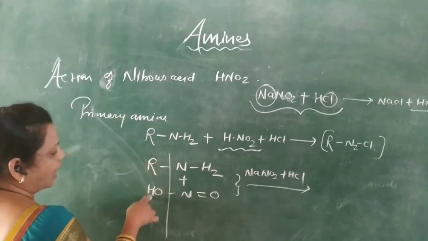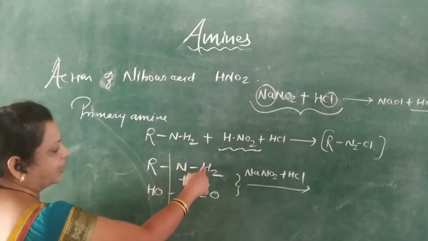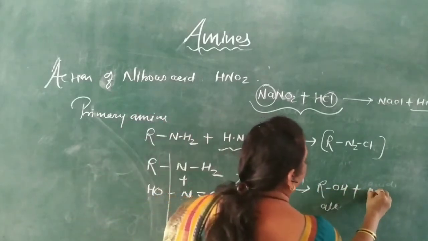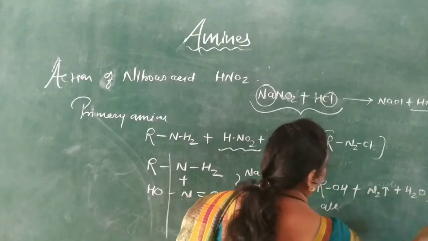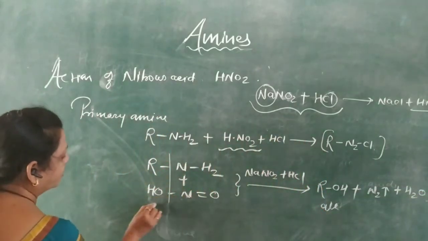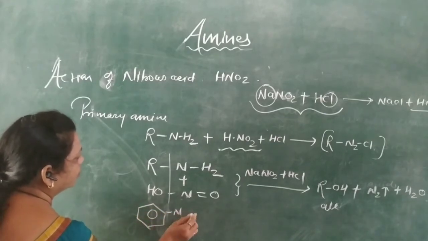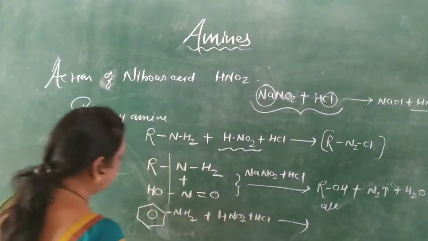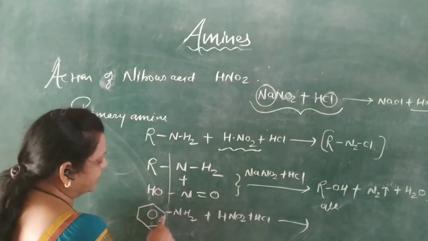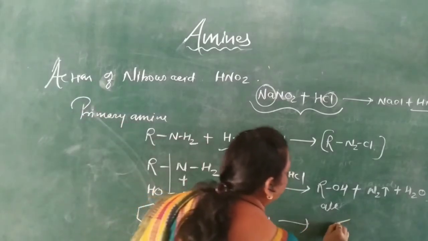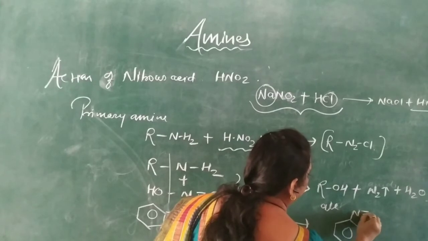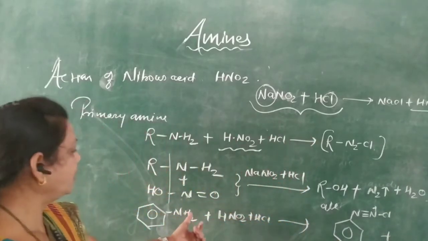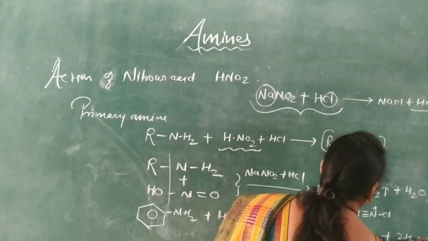Now R combines with OH, N combines with N to give N2, and H2 combines with O, forming ROH, the corresponding alcohol, plus N2 and H2O. When an aromatic amine, benzene NH2, reacts with HNO2 plus HCl, it forms benzene diazonium chloride plus 2H2O.